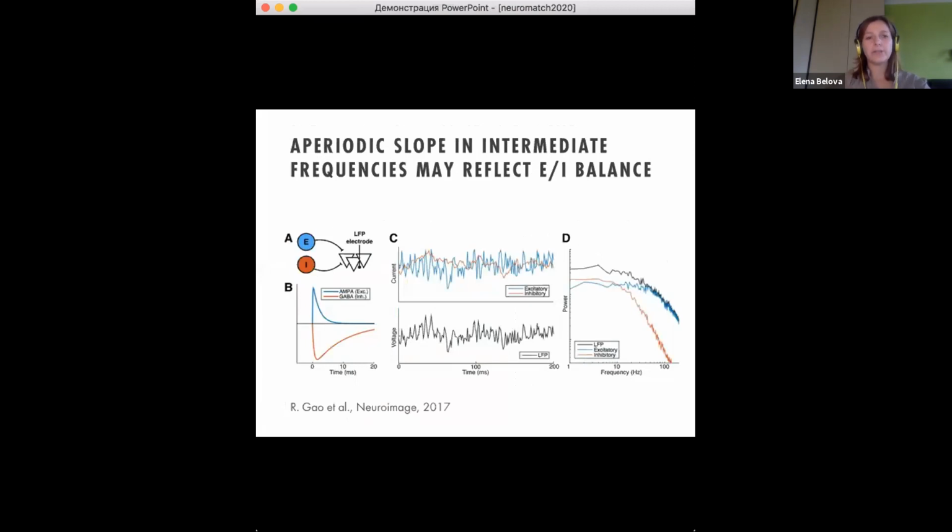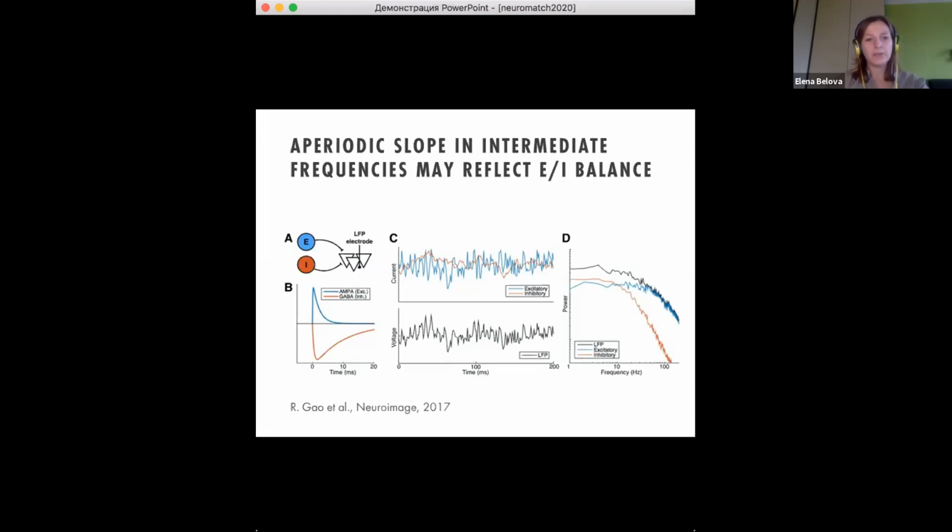But recently, Richard Gao and colleagues proposed that this aperiodic component may provide some valuable information about the state of populational neuronal activity. They suggested that this slope in the spectra may reflect the ratio between excitatory and inhibitory currents in the site of recordings. They modeled LFP signal as a linear sum of inputs from excitatory and inhibitory neuronal populations.